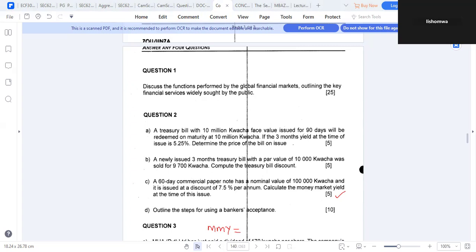D over what? P. D over P, times 360 over T, times 100. Okay.